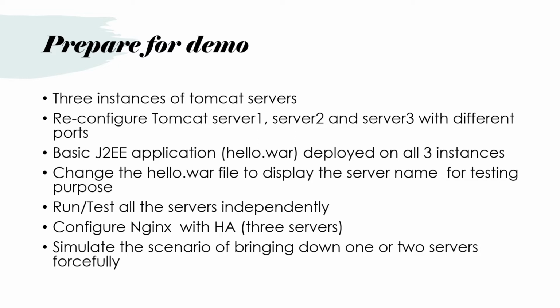Then finally the core part: configure Nginx with HA with all 3 servers, and finally simulate the scenario of bringing down one or two servers forcefully to redirect the traffic to the healthy servers.